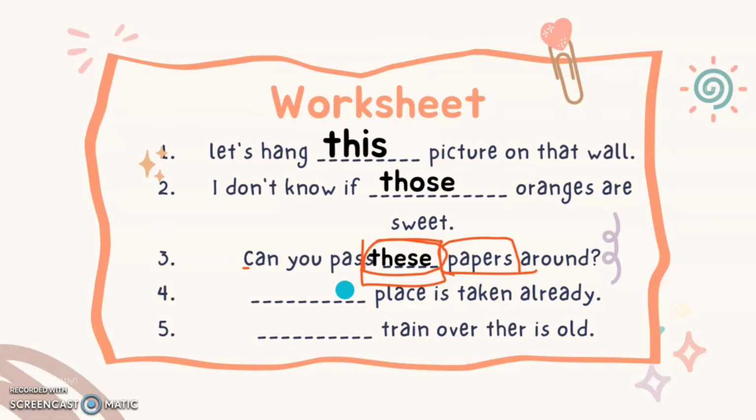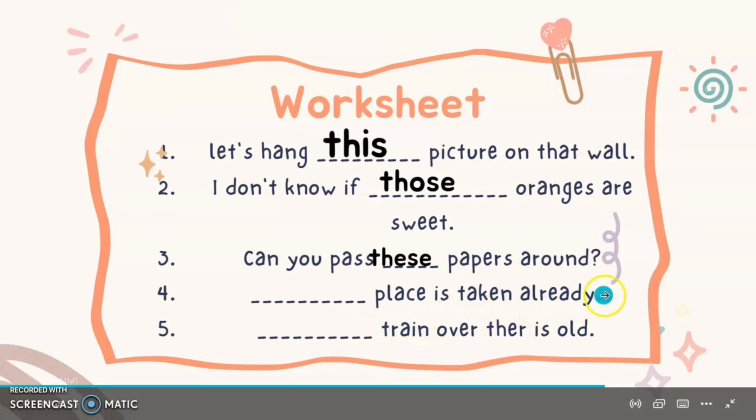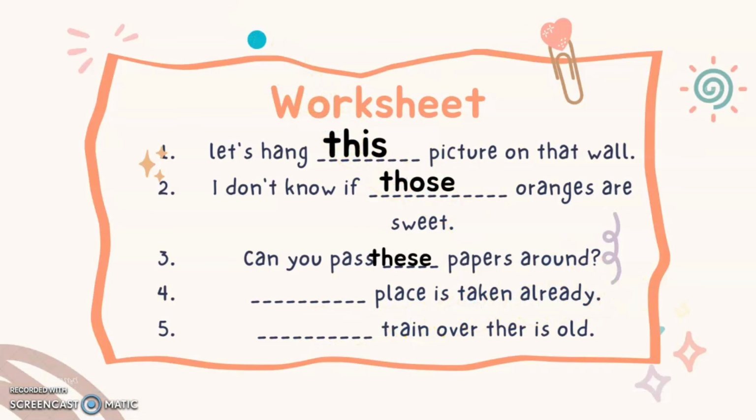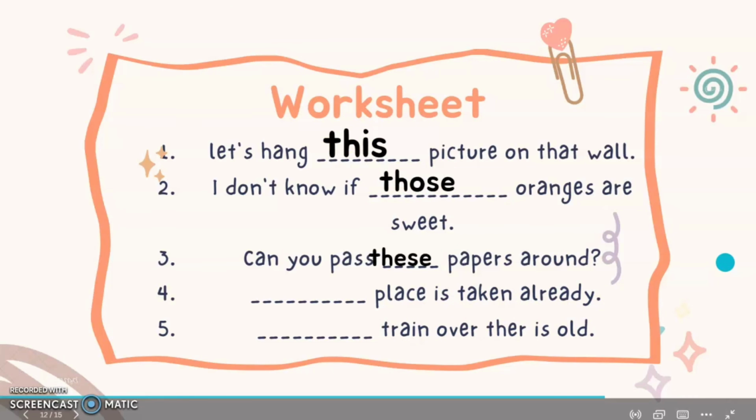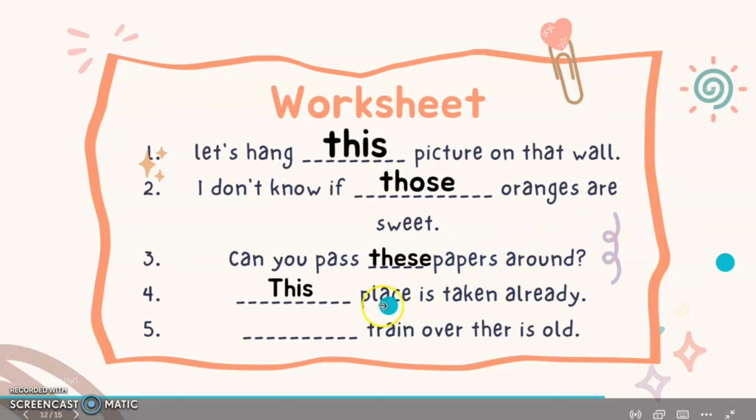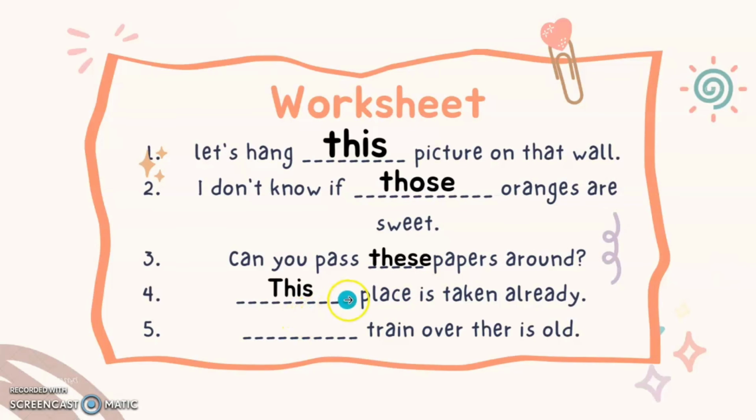Okay? Moving on to number 4. "Blank place is taken already." What is our answer? Our answer is "this." We use "this" kasi our sentence is, "This place is taken already," meaning the speaker is, nandun na siya talaga sa location.